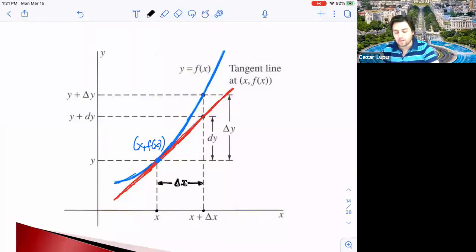And the same goes for the y-axis: the point x will have a correspondent, let's say y. And the point x plus delta x will correspond to y plus delta y, which is somewhere around here, let's say. That's the point, you see. So we'd like to measure the difference between them. So between y and y plus delta y will be delta y, as you can see it here.